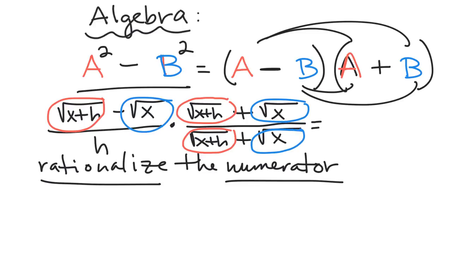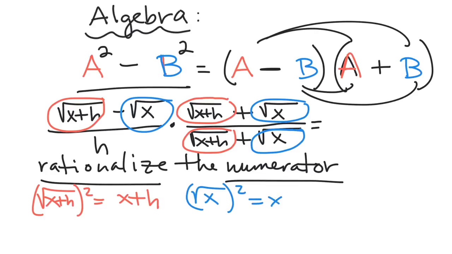Well, let's come down here for a second. The square root of x plus h, which is A squared, is x plus h. And the square root of x squared is just x. So back here in our problem, when we multiply the numerators, we have a minus b times a plus b, and we get a squared minus b squared.